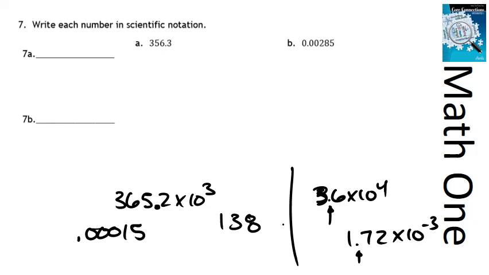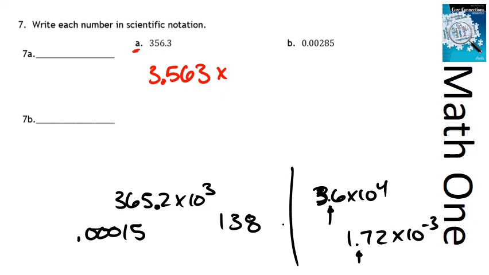And the way I like to think about these is, look, this number, 356.3, is not in scientific notation, but 3.563 is great because it's got that leading digit, right? The problem is 3.563 is not equal to 356.3. It's not the same number.